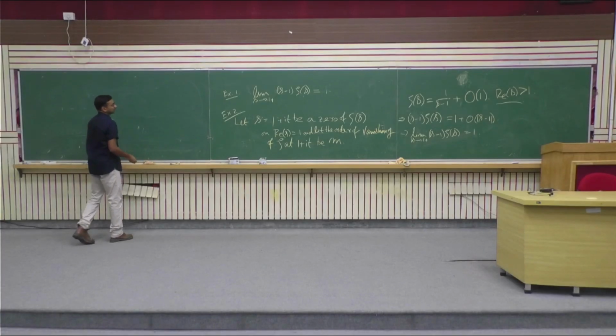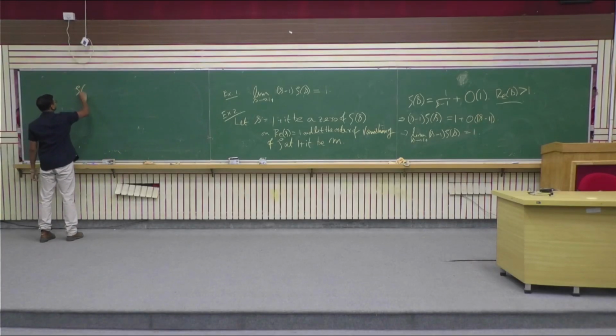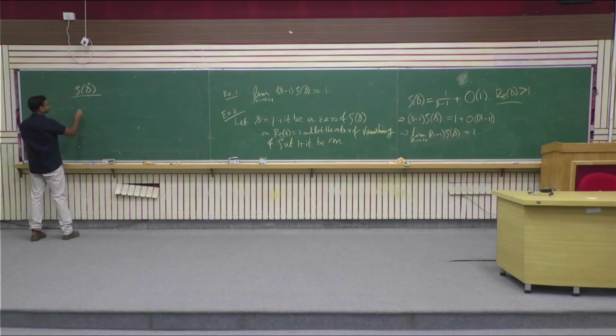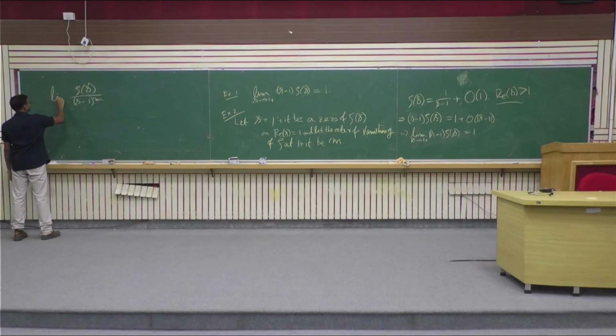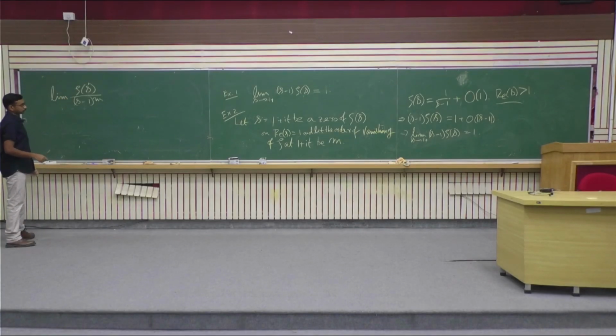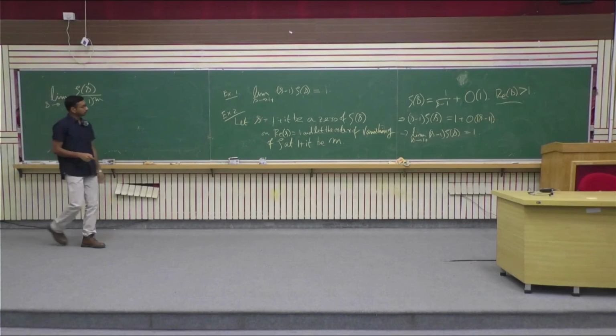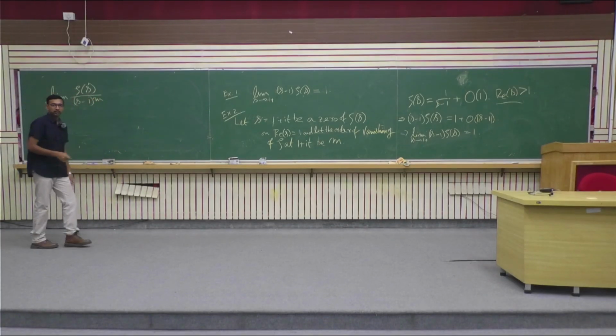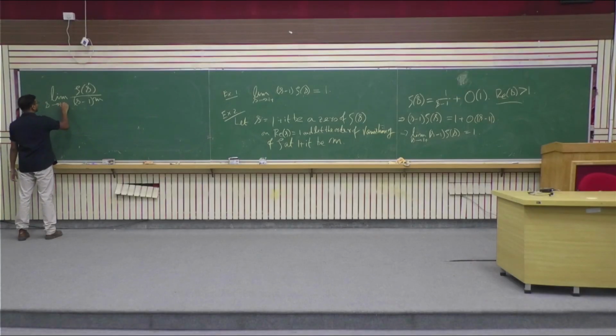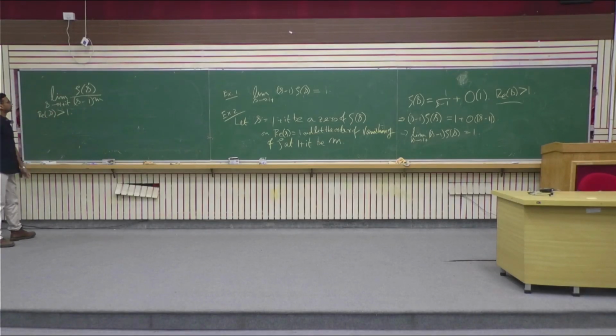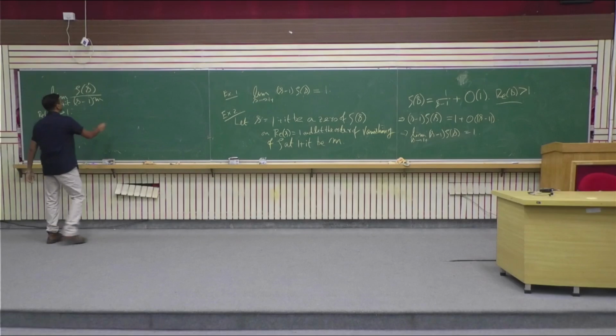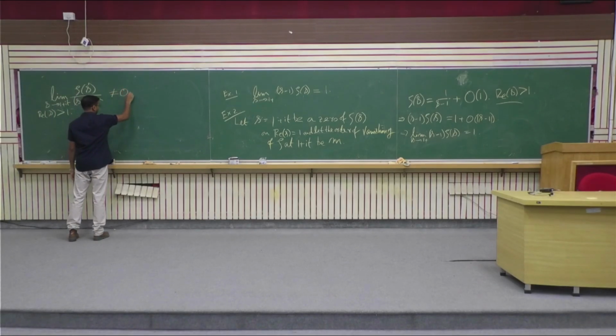Consider this limit: zeta(s) divided by (s minus 1) to the power m, as s goes to this point, 1 plus it, from the right half plane. Now this limit is not equal to 0.